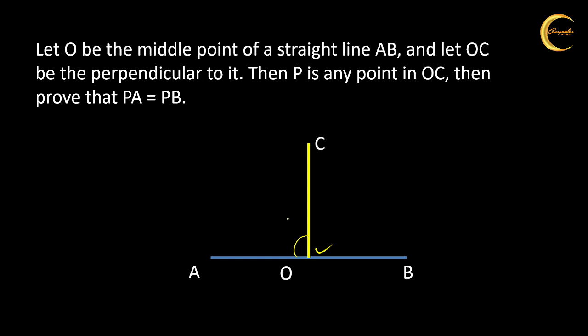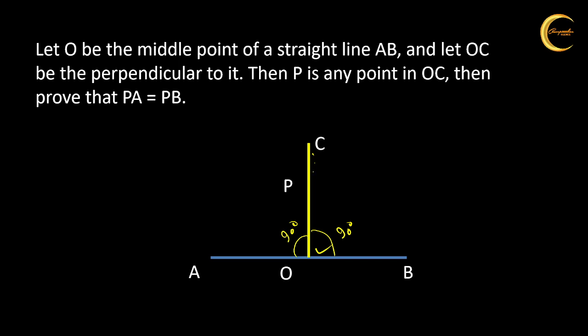So it is already said it is 90 degrees, and this angle is also 90 degrees. Then prove that, P is any point on the OC line. So there is any point, this point, this point, this point. Okay.